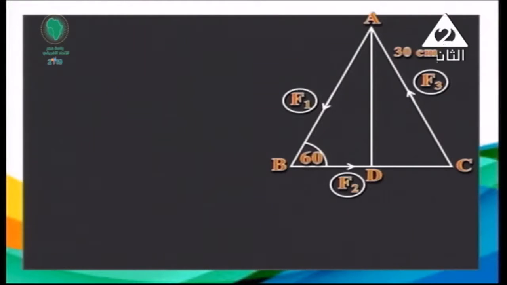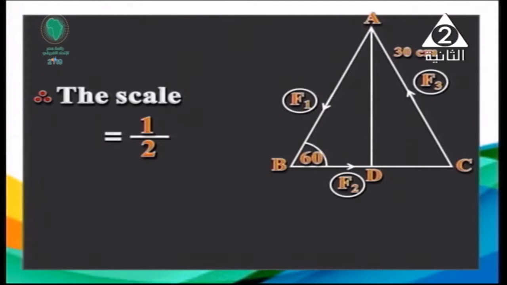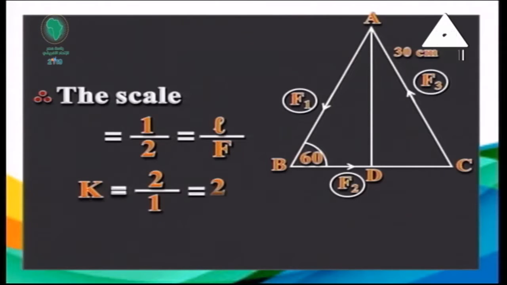If the side length equals 30 centimeters, at the first we find the scale equals 1 over 2. What is the 1? It's L over F. K equals 2 over 1 equals 2. The scale is 1 over 2, K equals 2.